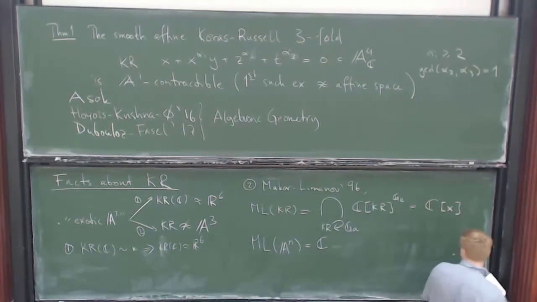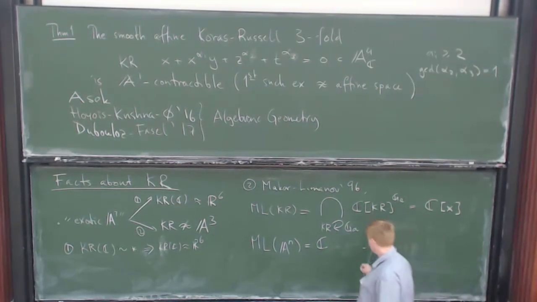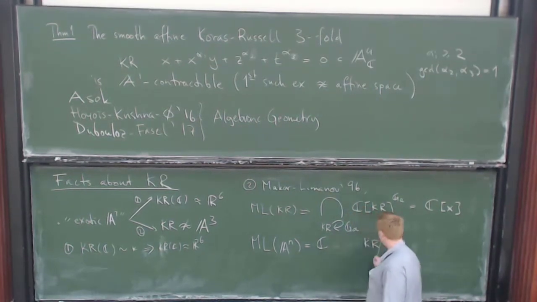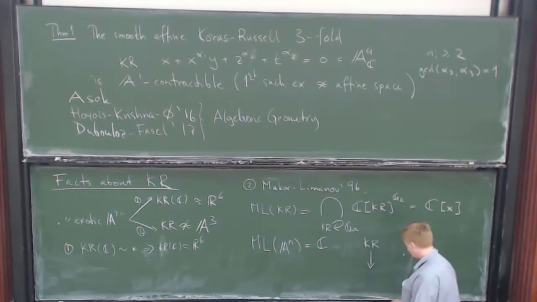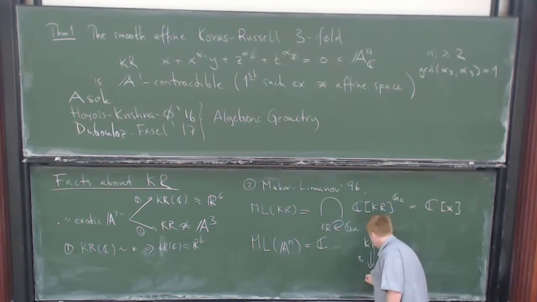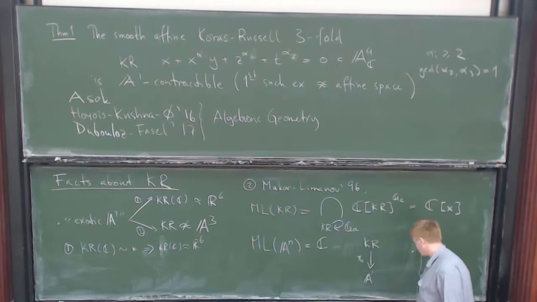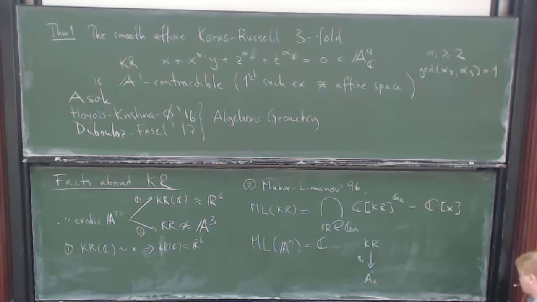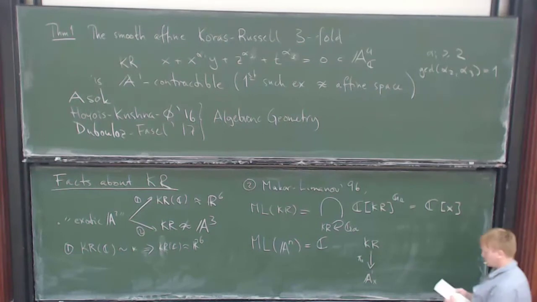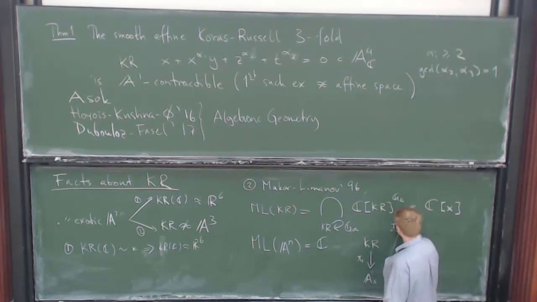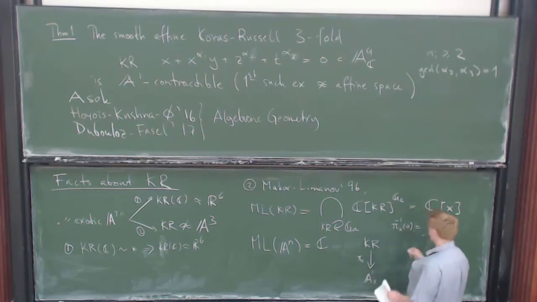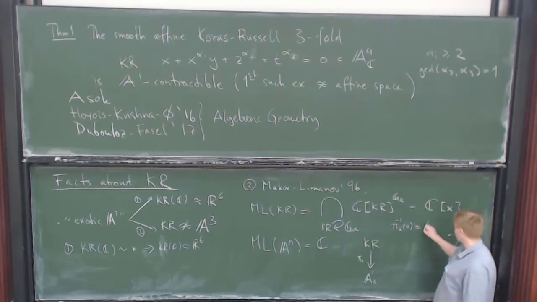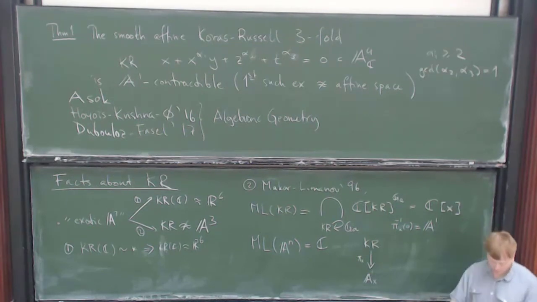If you want to see a little bit more of the geometry behind this, we can look at the projection from KR, say π_x, down to the affine line in the variable x. If you look at the fiber over 0 of this projection, over the closed point 0, what we have is the cylinder on the cusp.